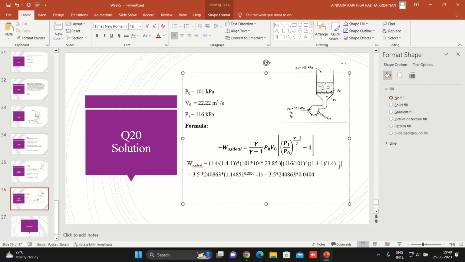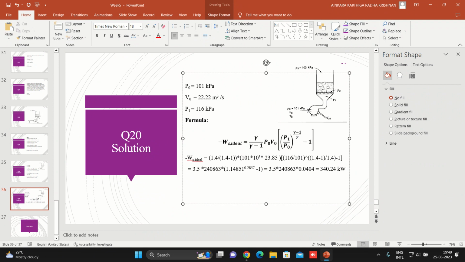Okay. This one is 340.24 kilowatt. But we know that to get the actual value, we would divide it by 24 divided by 0.75.